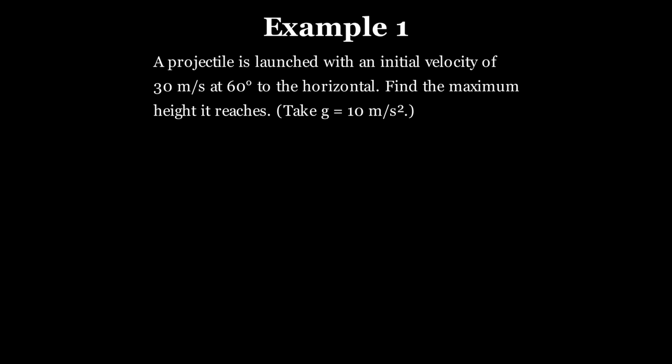Example 1. A projectile is launched with an initial velocity of 30 meters per second, at 60 degrees to the horizontal. Let's find the maximum height it reaches, taking g equals 10. Watch it rise to its peak, launched at 60 degrees. Start with the formula, h equals Vi² sin² over 2g.